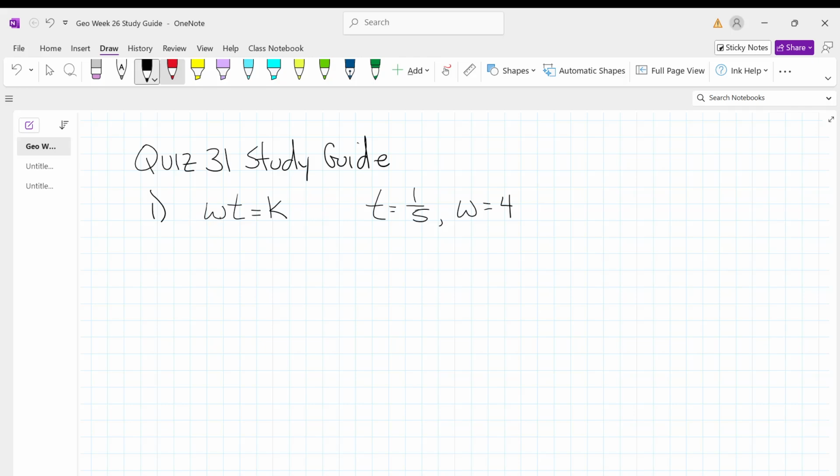So if we multiply W times T, we get 1/5 times 4 equals K. So K equals 4/5.